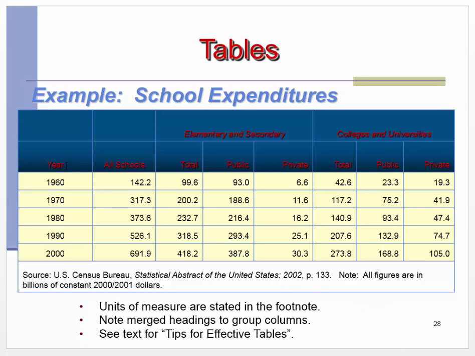This one shows the years 1960, 70, 80, 90, and 2000. They show all the schools, the expenditures in millions of dollars, I believe, in billions of dollars, sorry. And also shows elementary and secondary schools total, and the public schools and private schools. And then colleges and universities, total, public, and private.